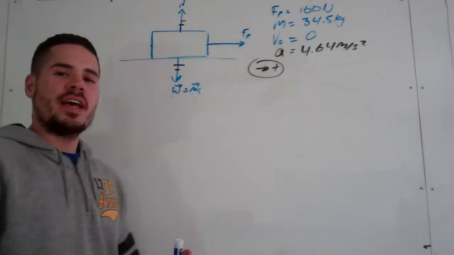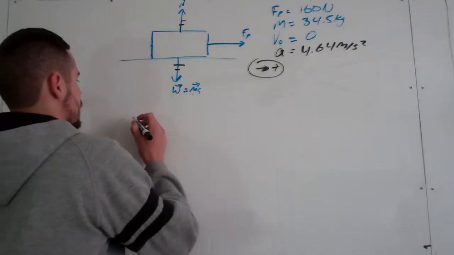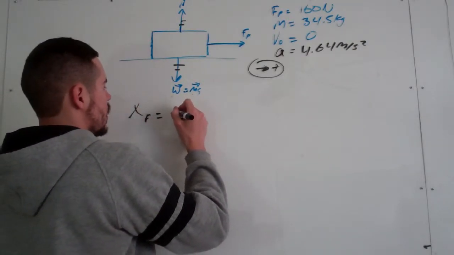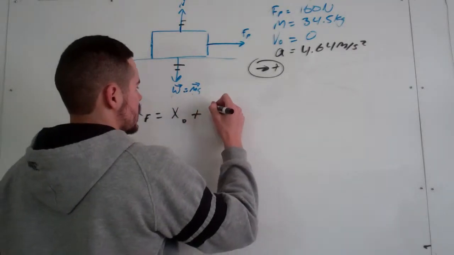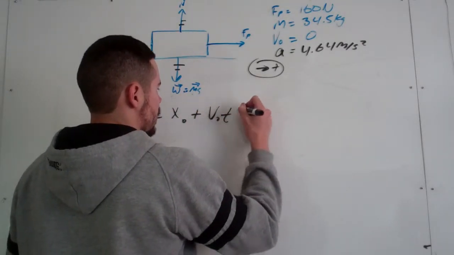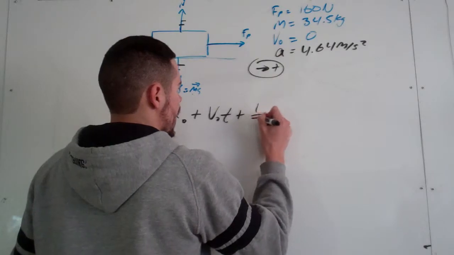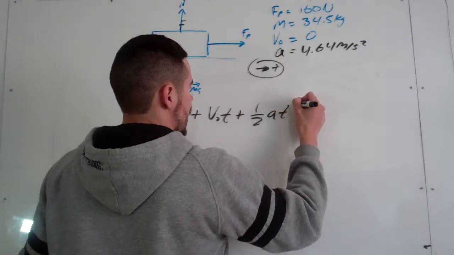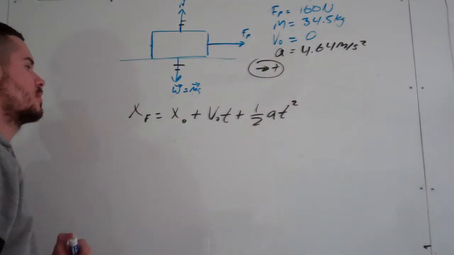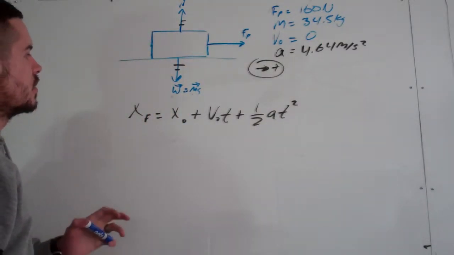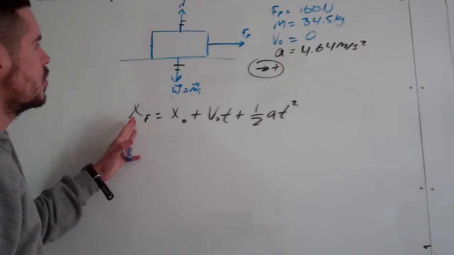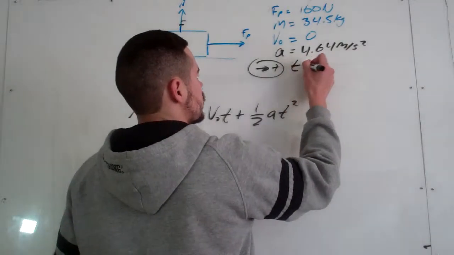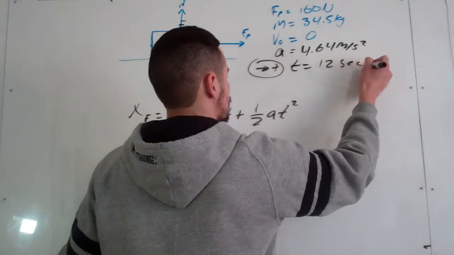If you remember, we have a kinematic equation which says that the final position is equal to the initial position plus the initial velocity times time plus 1/2 of the acceleration times time squared. Now, it says how far does it go in 12 seconds? So our time is equal to 12 seconds.